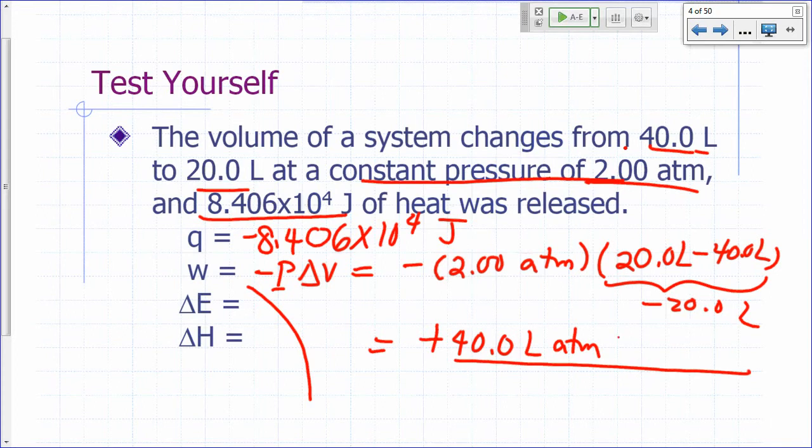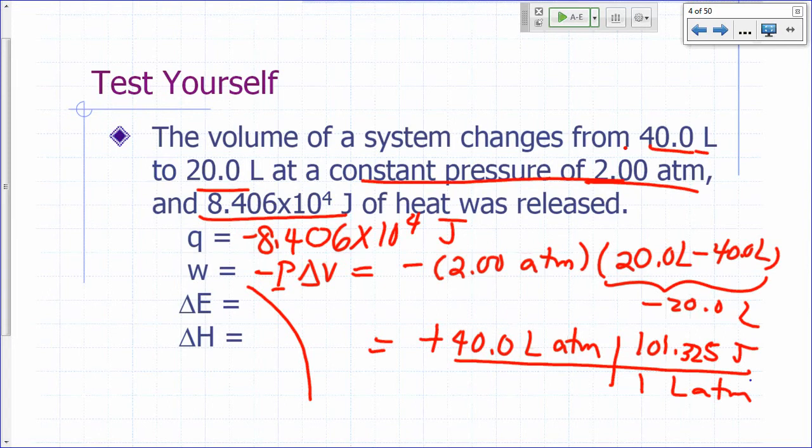What's the conversion factor? 1 liter atmosphere is, just remember, 101 Dalmatians, 101.325 joules.